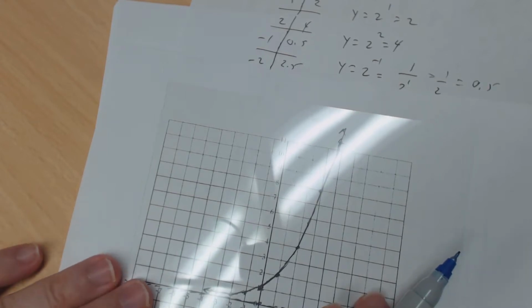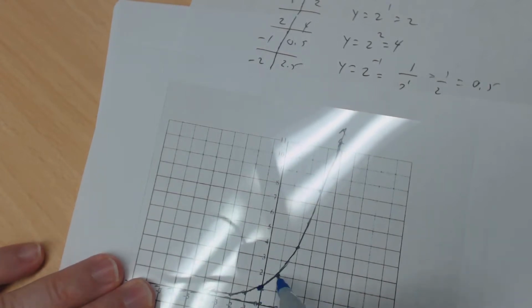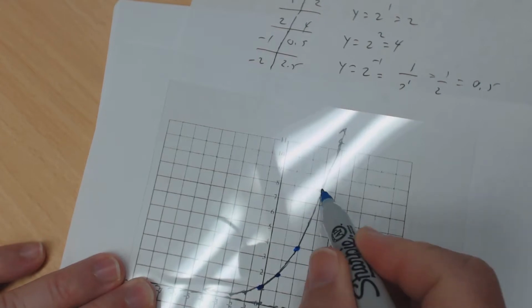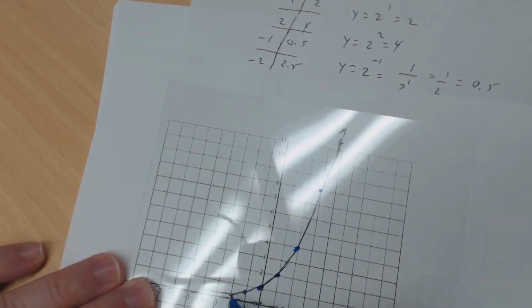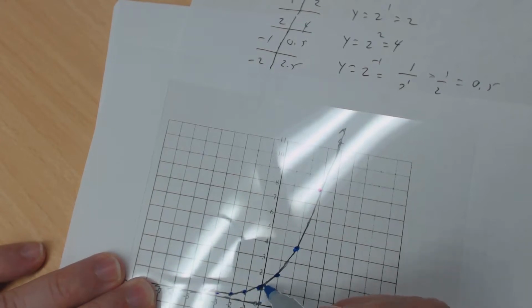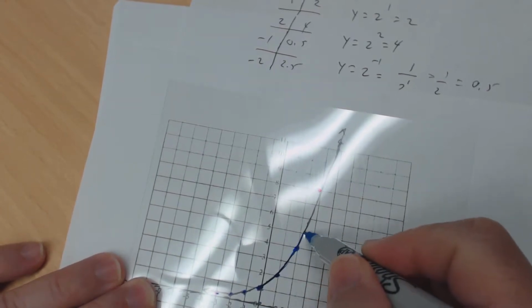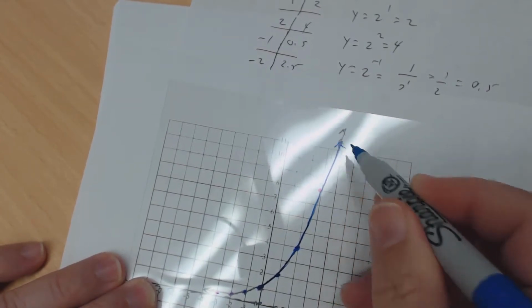So when I graph this, remember I got this point, this point, this point, this point, and then this, and so on. So here it rose rapidly.